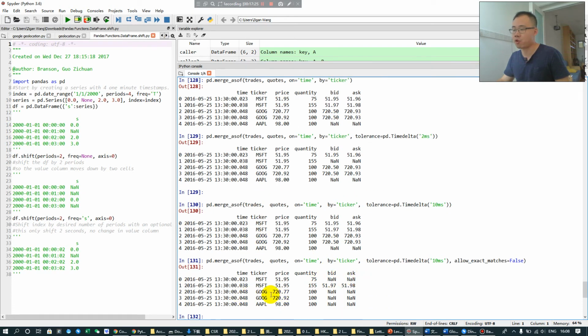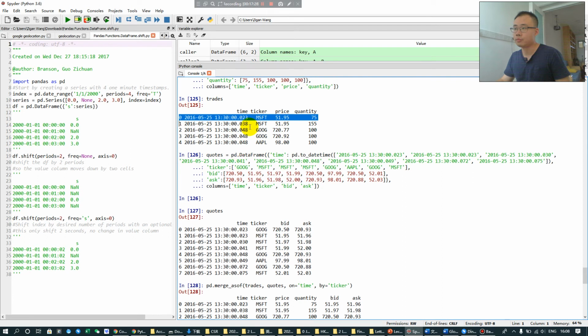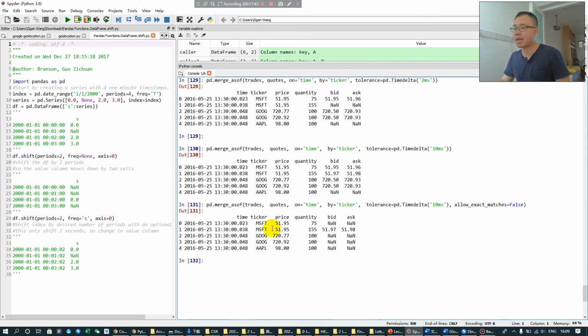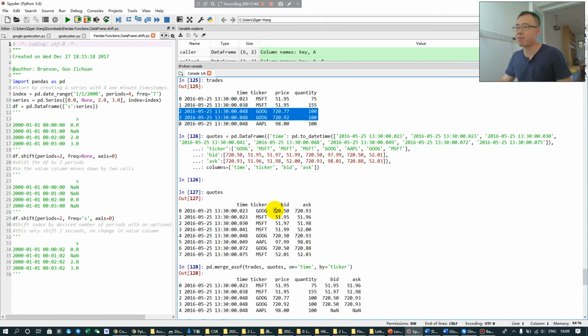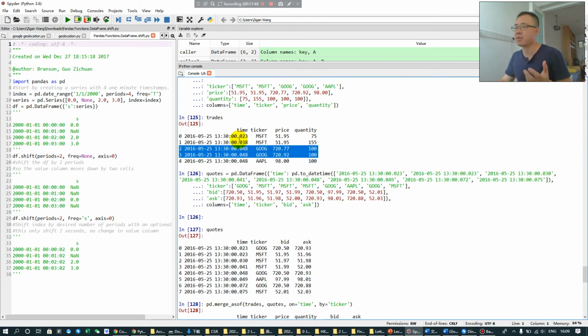And similarly for Google, the two Google observations here, we do not have the quotes time before the trades time. The idea is that the quotes time should always happen before, not at the same millisecond as the trades time.